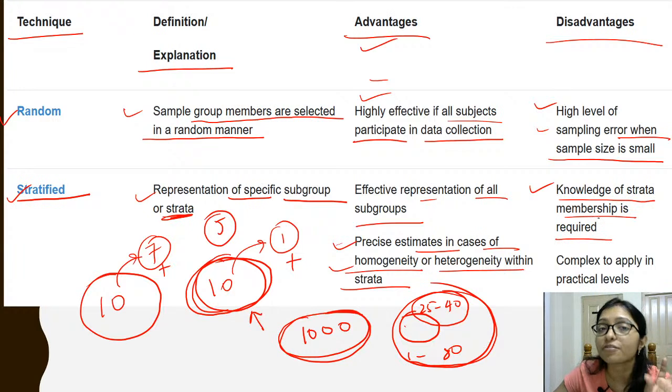It means you should know how to create the subgroup, because if you are doing research on coronavirus, then you should know how to choose the specific subgroup where you get the accurate result, right. That's why for stratified sampling, whoever is creating the subgroup should have the knowledge about how to create it. Is it clear? So what are the advantages and disadvantages of stratified sampling, and what is stratified sampling? It is clear, I think.